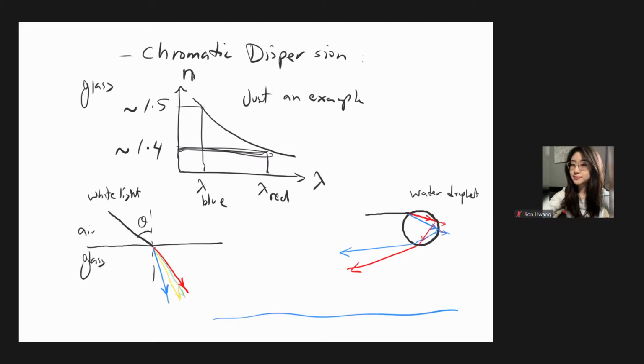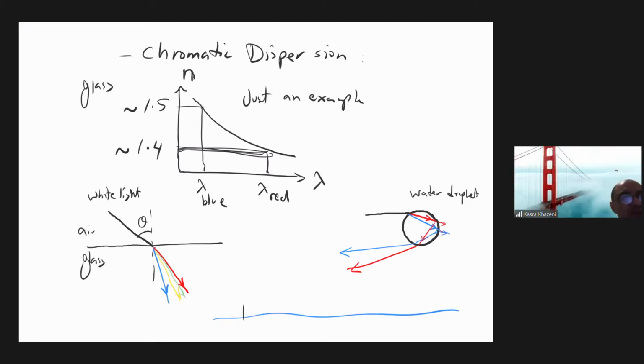You're somewhere on the ground looking at this, and you'll see this rainbow effect in the sky due to the water droplet bending the light towards you. Because the index of refraction is different for different wavelengths, you see the separation of the colors, just like the drawing on the left. When white light goes into glass, it separates into different colors.